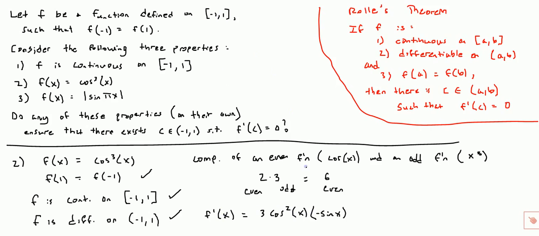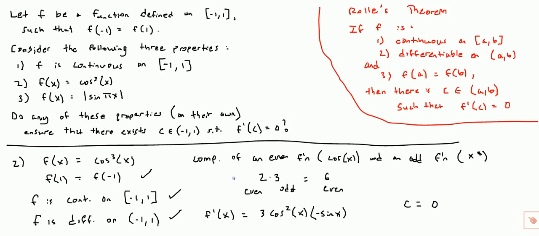So let's look at sine. Well, that's just sine of x. We know that sine of 0 is equal to 0. So these three criteria tell us that there exists a c in (-1, 1), such that f prime of c is equal to 0, and that value of c is equal to 0.